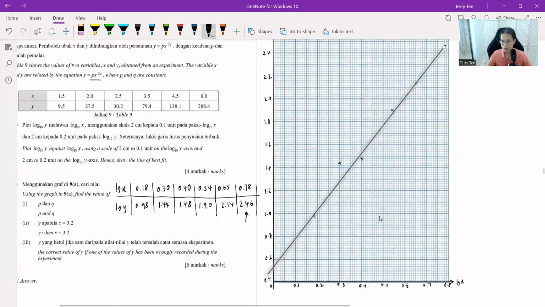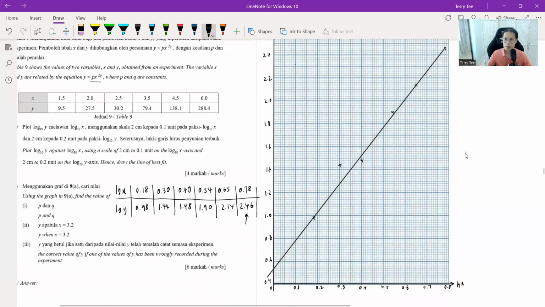You notice that this point is off. There's one point above, one point below. Obviously the point with 0.3 is the one wrongly recorded. I think everything else is okay, quite balanced.